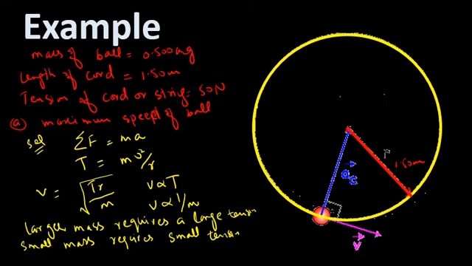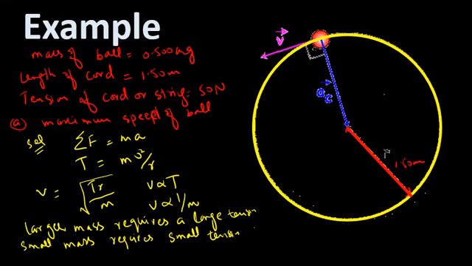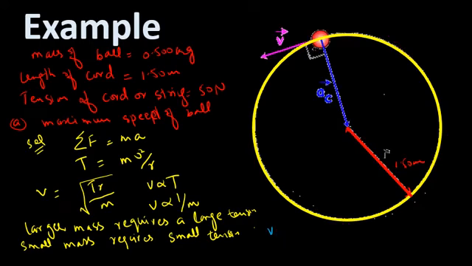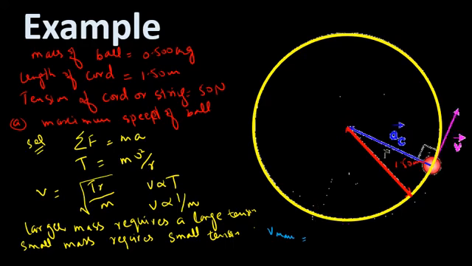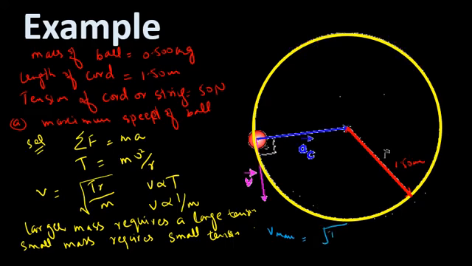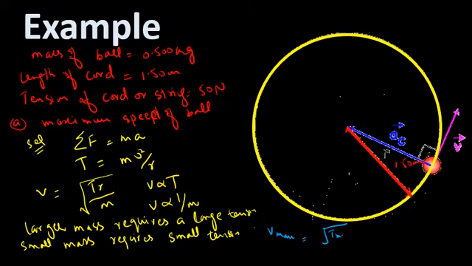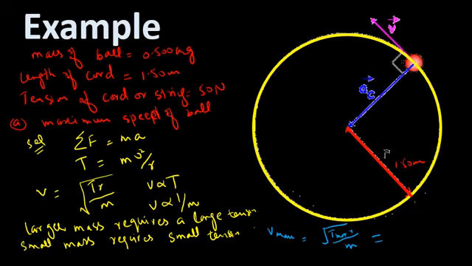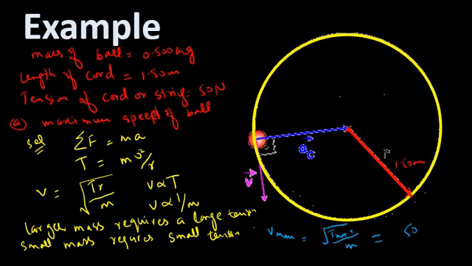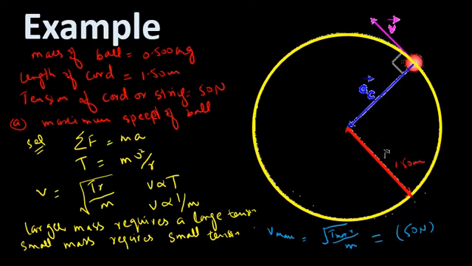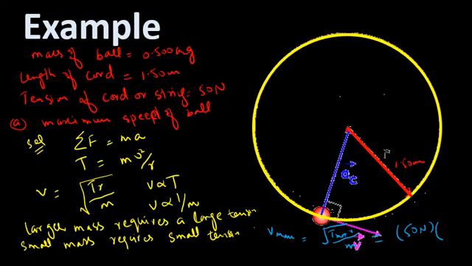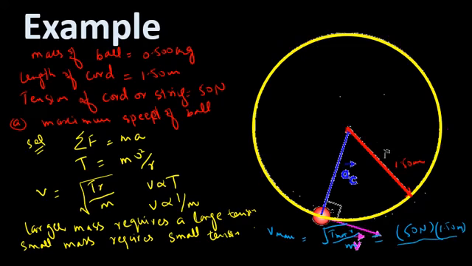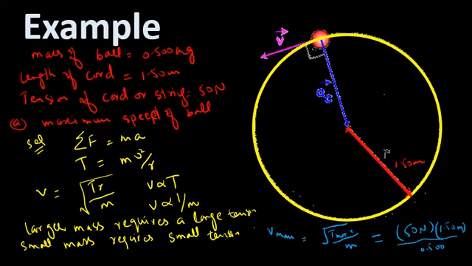Okay, so here we can calculate the maximum speed of the ball. The maximum speed of the ball will be equal to the square root of T maximum times R divided by M. When we put in the values, the tension in the string is 50 Newton, the radius R, the length of the cord, is 1.50 meter, and the mass of the ball is 0.500 kg.